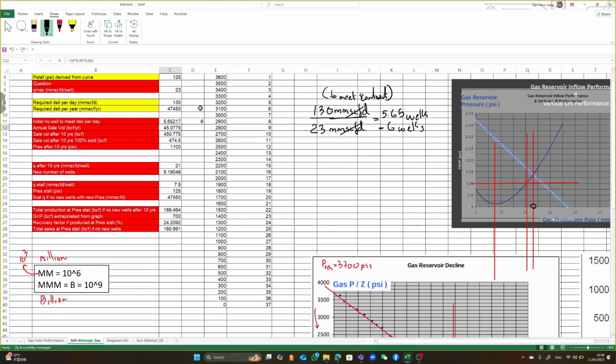This is what shareholders and stakeholders are interested in. So this is how you calculate how much is sold to the market after producing 130 million standard cubic feet per day over a year.